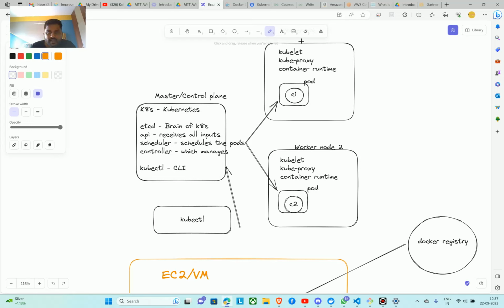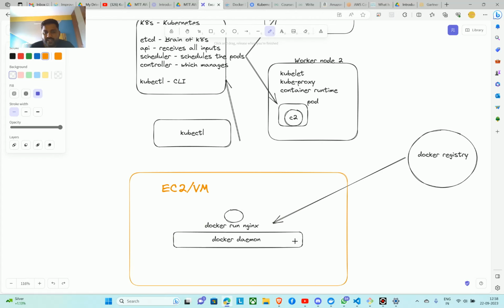Then we have one more component known as kubeproxy. kubeproxy is responsible for communication between the pods. If there are two pods inside worker nodes, it will help in communication between the pods. And container runtime, I need not tell you much.